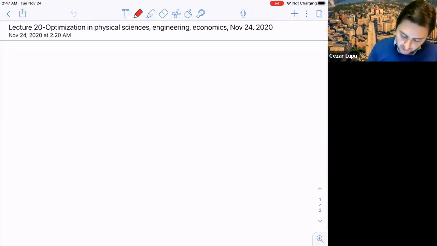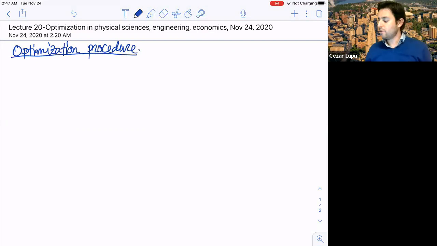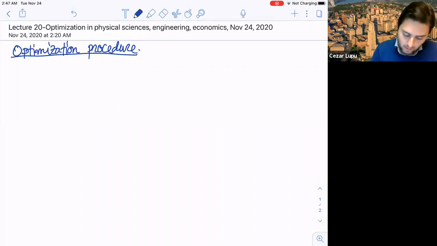Optimization procedure. I would like to give you more or less some steps that you should follow when you deal with an optimization problem. Well, we will have the following.